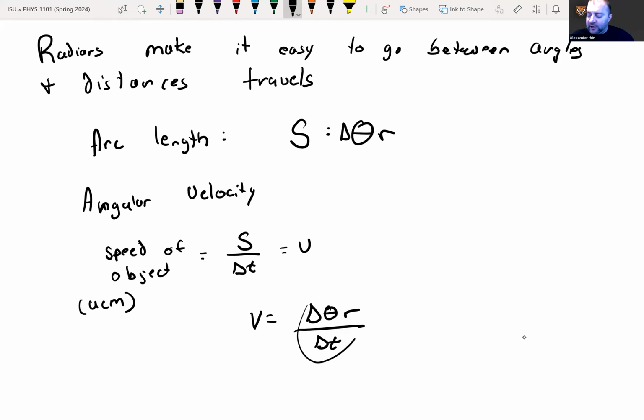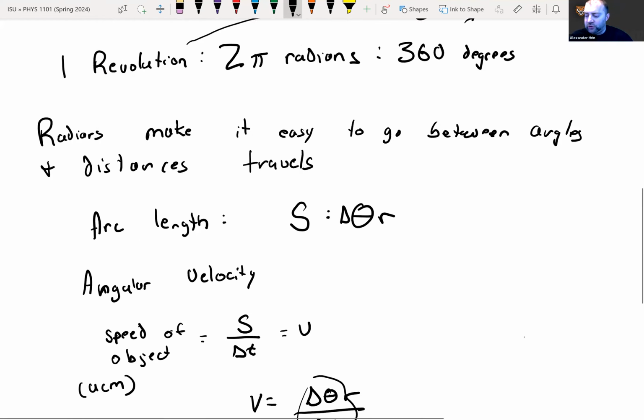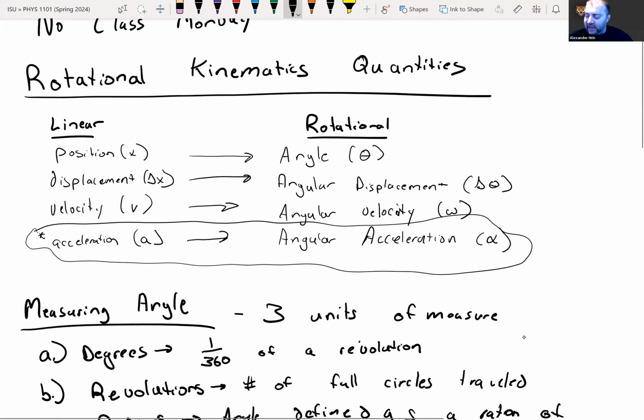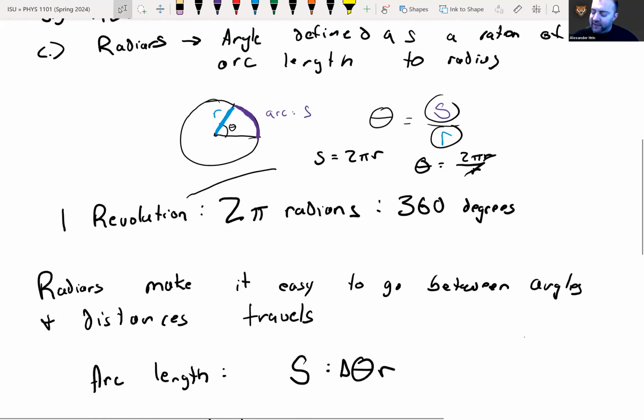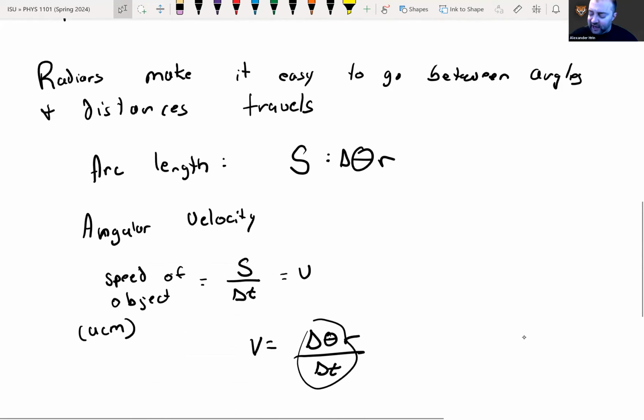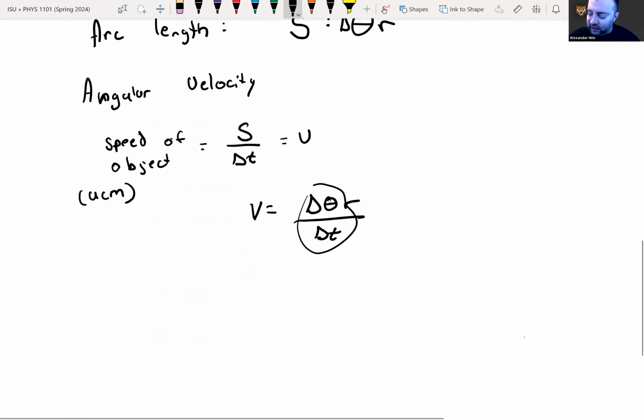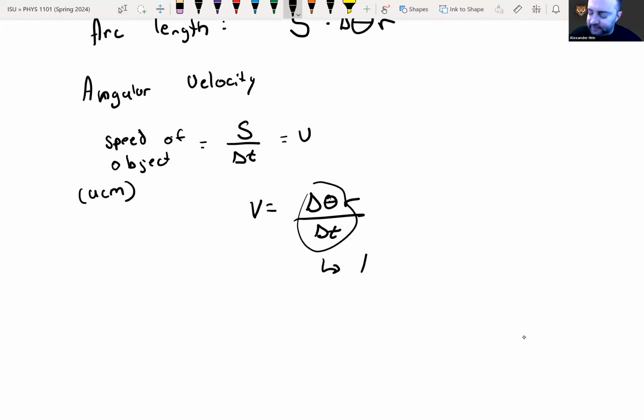Well, delta theta over delta t, these are two things we've already defined. That's angular displacement, and delta t is just time. If you know the relationship between displacement and velocity, you can probably guess the relationship between angular displacement and angular velocity. This thing is angular velocity, omega.